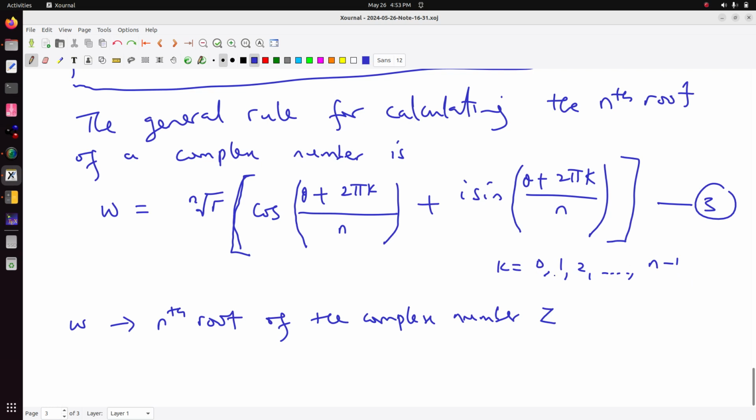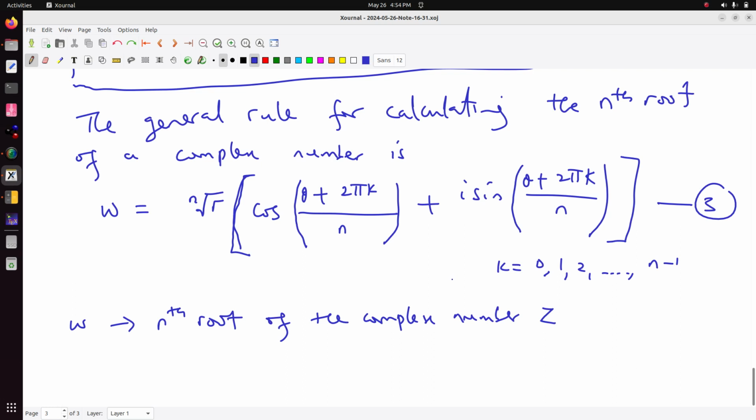You substitute the value 0 for k, you get your first result; substitute 1 for k, you get your second result. If you are asked to calculate the cube root, n will be 3, so k will run from 0 up to 3 minus 1, which is 2. So you run k equals 0, 1, and 2. I think that should be clear enough.